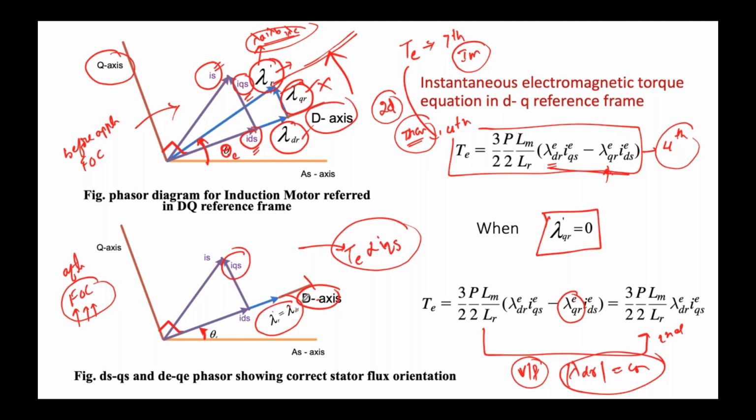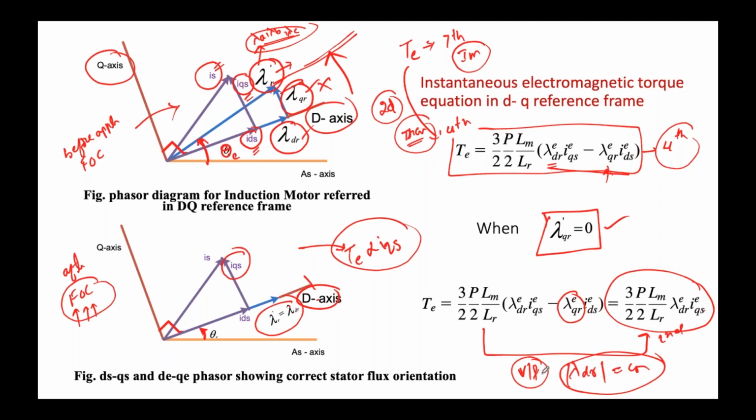Once the reference d-axis is in phase with the rotor flux vector, mathematically the effect of the q-axis component becomes 0. There is a mathematical proof for this. So once lambda qr is 0, with respect to the controller, your torque equation becomes second order. Finally, after applying FOC, your seventh order equation becomes second order.